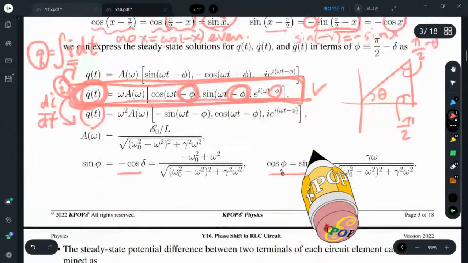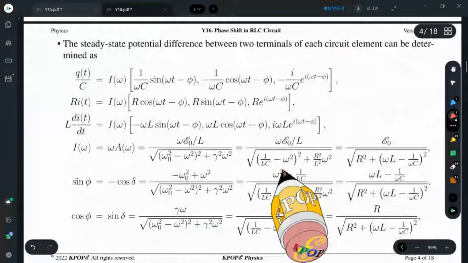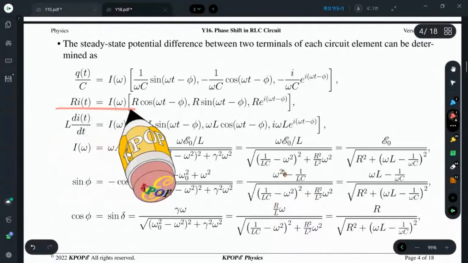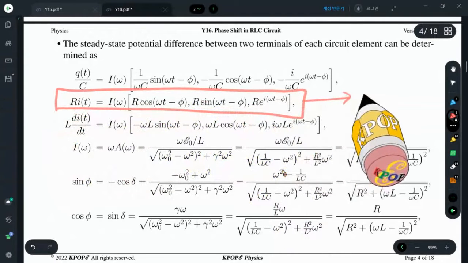These are what we have just studied. Our reference is for the resistor.